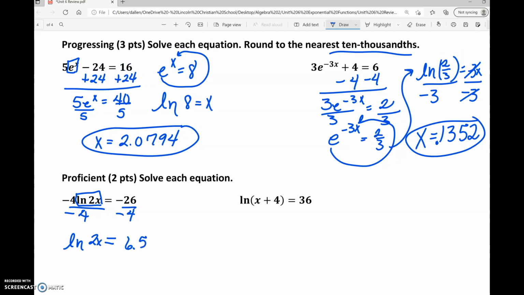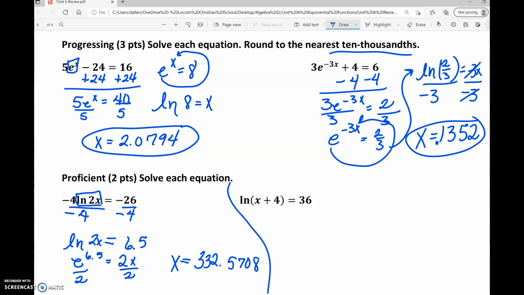And then now I'll put it in exponential form, so e to the 6.5 equals 2x, and then divide by 2. If I plug that in correctly, x equals 332.5708.